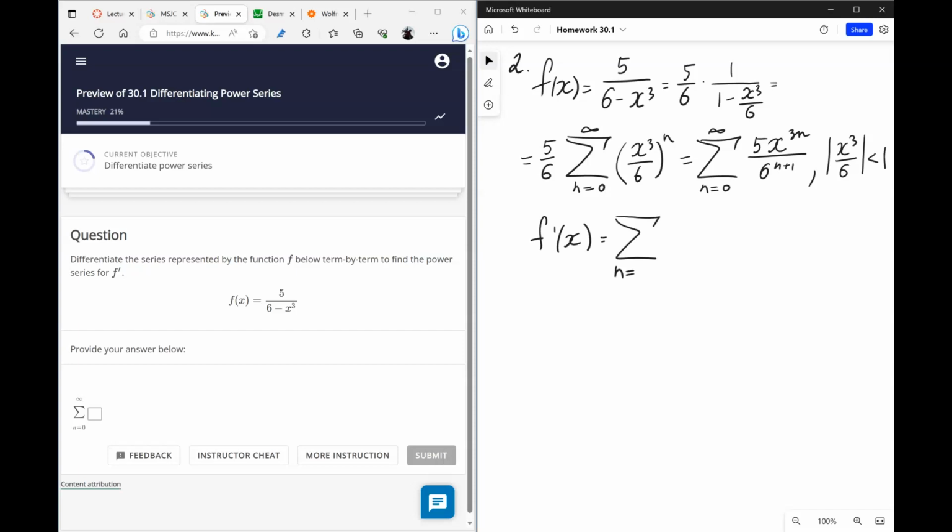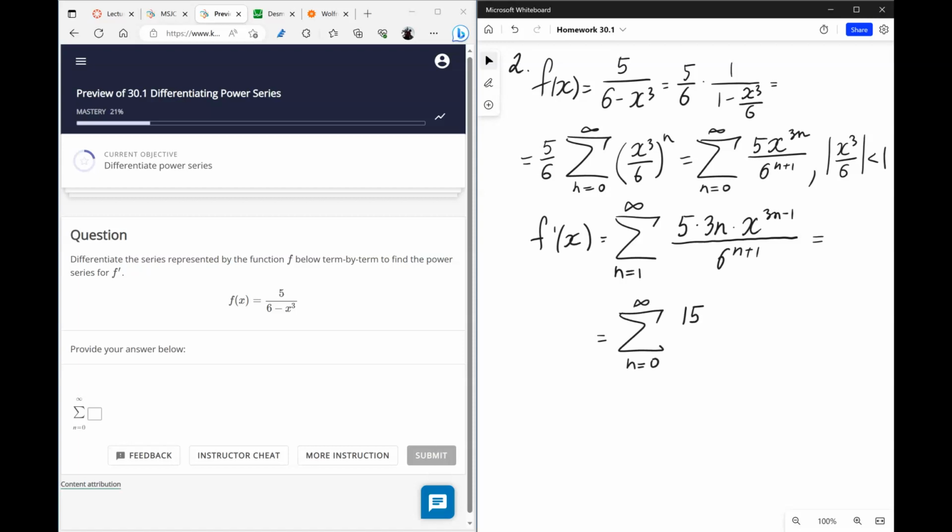And again, I'm going to do it the right way. Now I'm going to change the index. I'm going to reindex it.